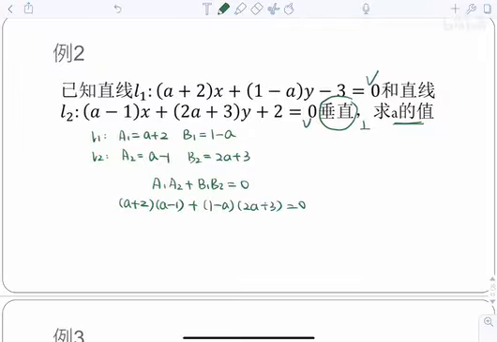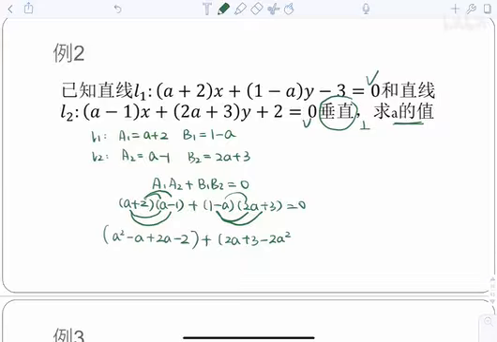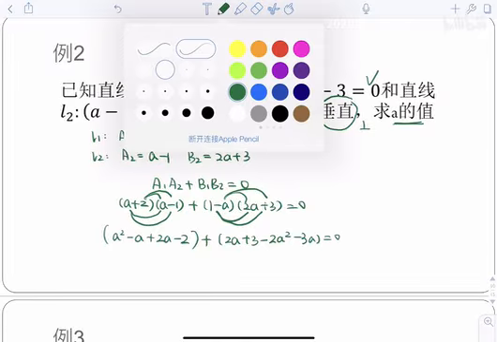So the first part is a squared minus a plus 2a minus 2. This is the first one. The second one is 2a plus 3 minus 2a squared minus 3a, and the total equals 0. So let's see.